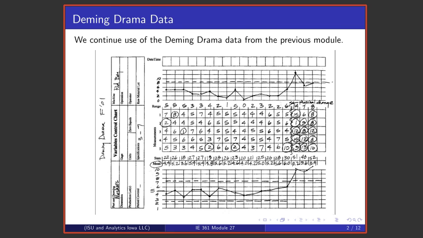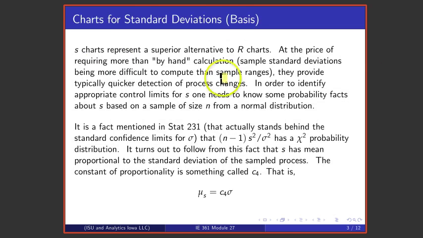And we're going to now consider an alternative to using and charting ranges. And that is the possibility of charting standard deviations. Charting standard deviations is typically more effective than charting ranges, but the price to be paid is more computation.